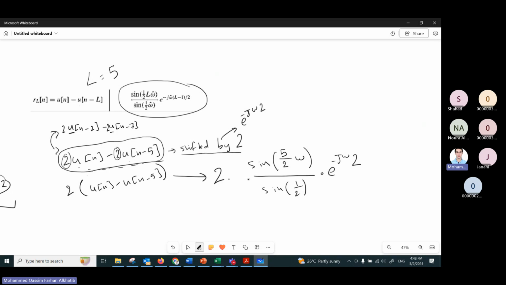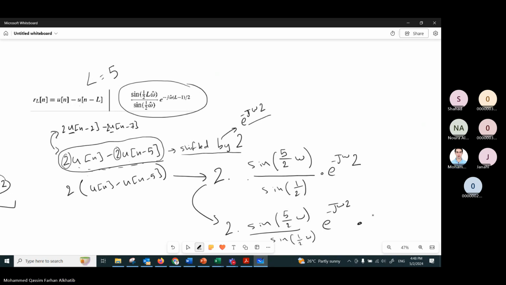So whatever expression is here, rewrite the whole thing again: sine 1 over 2 omega, e to the power minus j omega 2 times this one here. So this one is from the time shift.